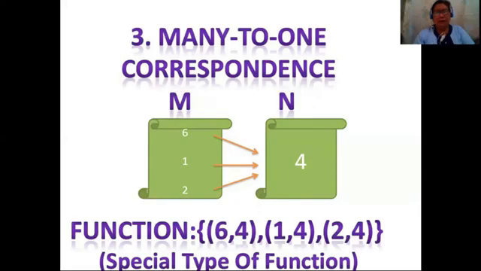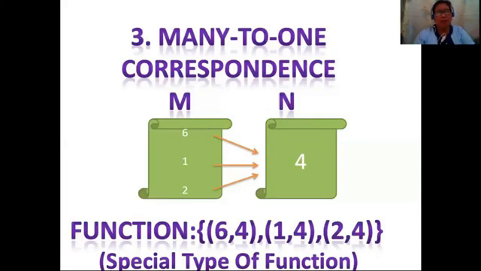In real life, if the number 4 there is represented by a single child, 6, 1, and 2 are the supporters of that single child.